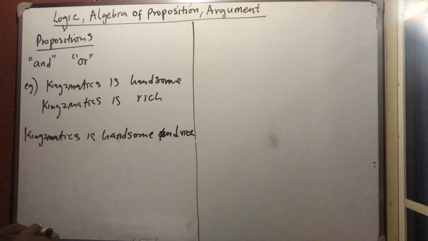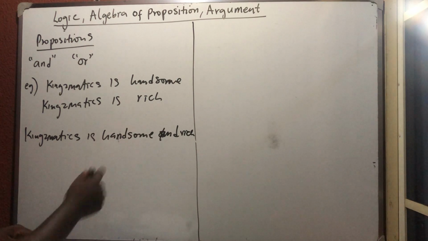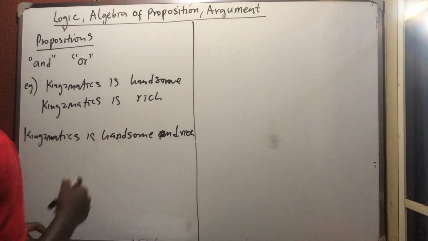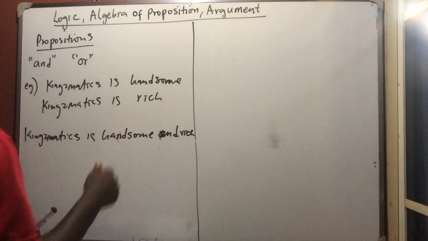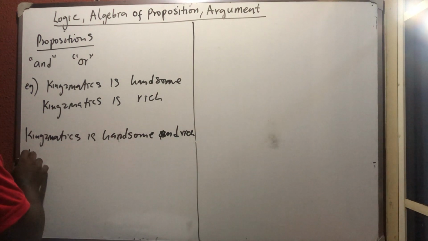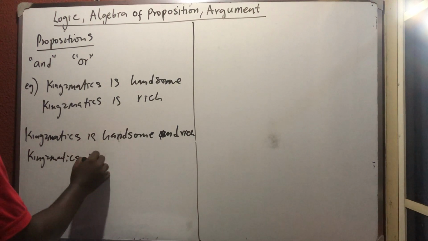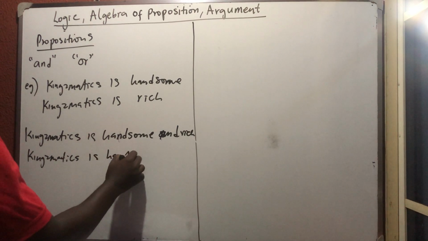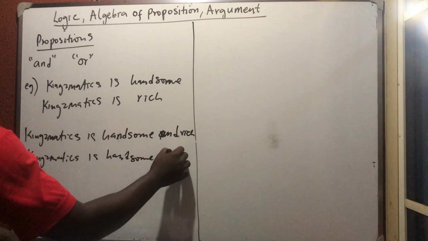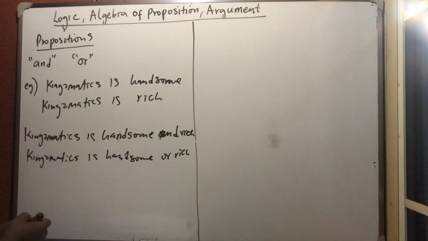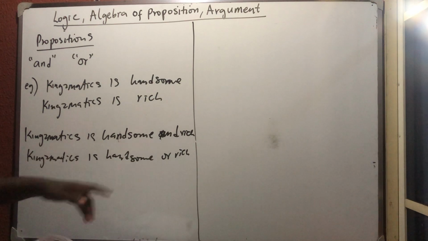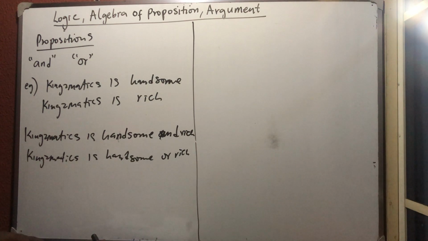So this is a compound statement. Why? Because it is being connected with and. I can equally say that Kingsmatics is handsome or rich. So whenever they are being connected with and, or, we say that it's a compound statement.